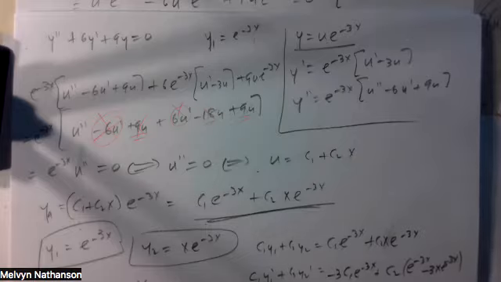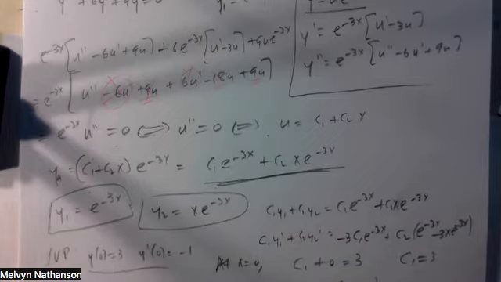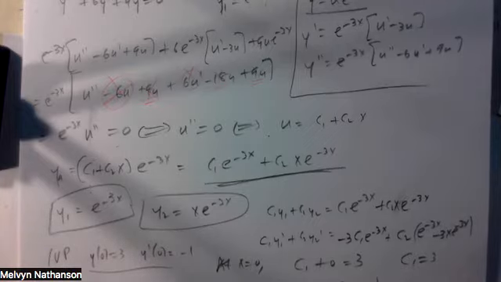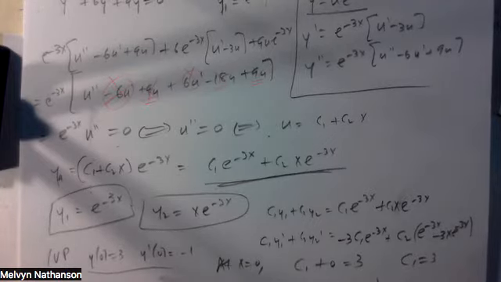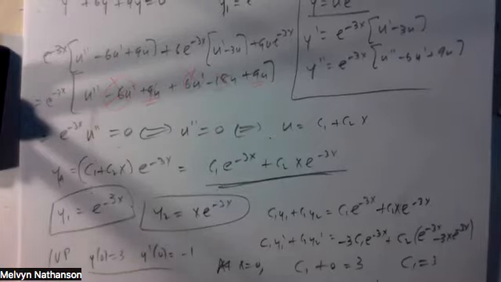So C2 is 3C1 minus 1, which is 3 times 3 minus 1, that's 8. So for this initial condition, the solution is y equals 3 e to the minus 3x plus 8x e to the minus 3x.